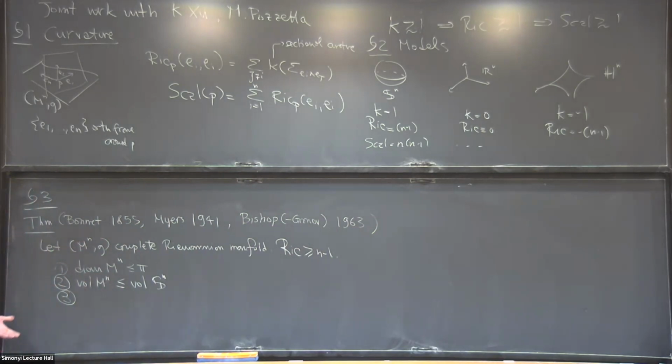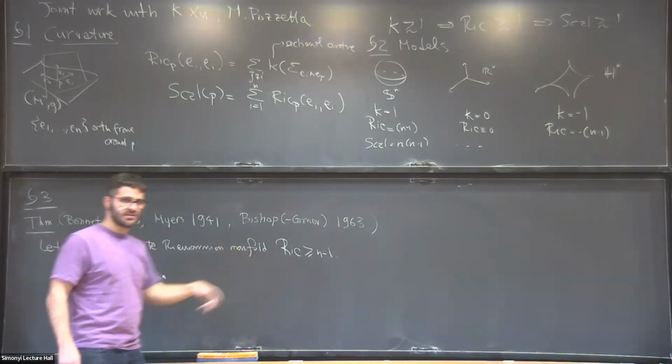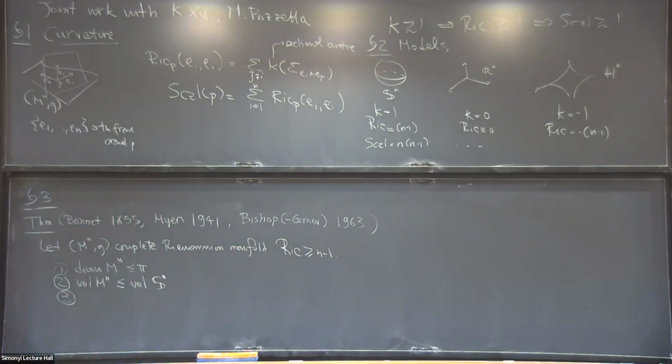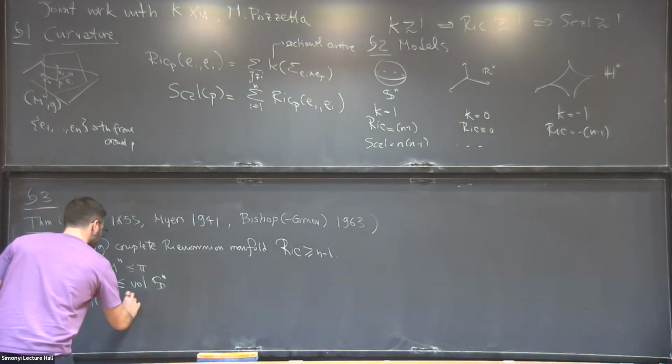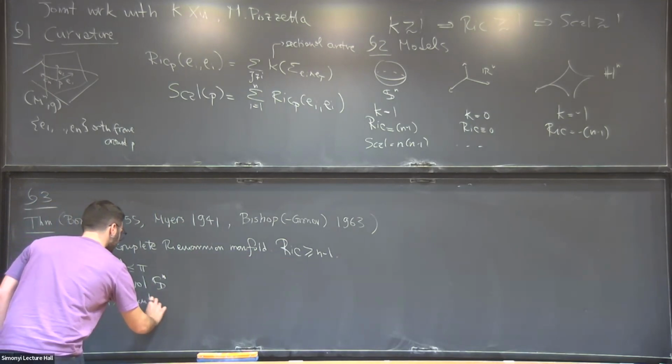But as a consequence, the manifold is compact, but also every universal cover is compact, because this condition is preserved in the universal cover. And then the pi1 is finite. So as a direct consequence of these two statements, you get that the pi1 is finite.